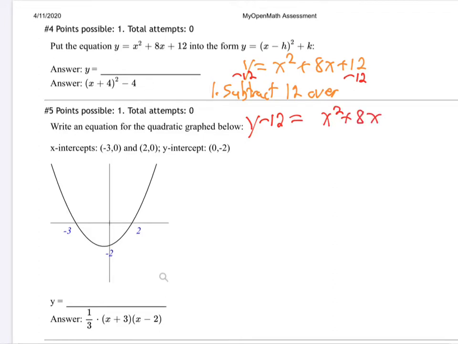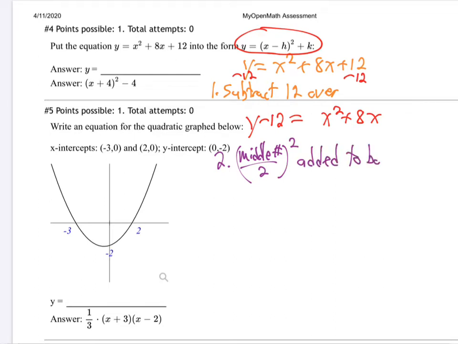What we're trying to do is we're trying to write it as parentheses squared without changing it. We're trying to change the way it looks without changing its value. So next step is take the middle number, the b, over 2 squared added to both sides.